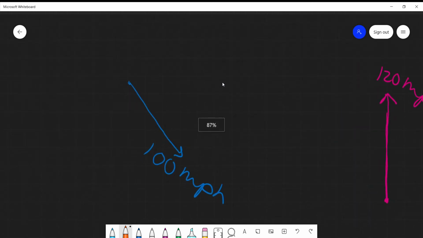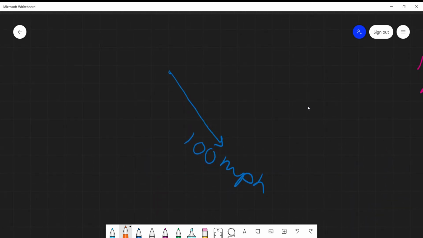So if we look at vector 1 here, I'm going to draw an axis like this. This is the x, and think of this as a graph, okay? So this is a graph where your line starts at 0, 0, and it goes in the negative direction at 100 miles an hour into the 4th quadrant at some angle. Okay?